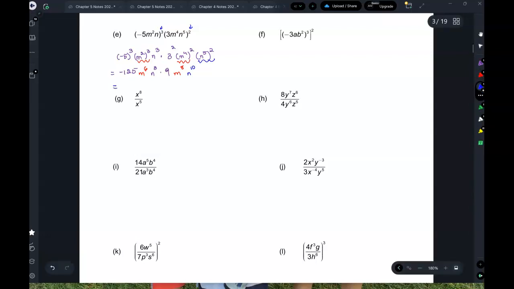Now I need to combine. Okay, can somebody tell us what the numbers will be? -125 times 9. How much will that be? Come on. What do you guys think? Where are your calculators? No, we're not guessing. Put it in your calculator. Is it 125?